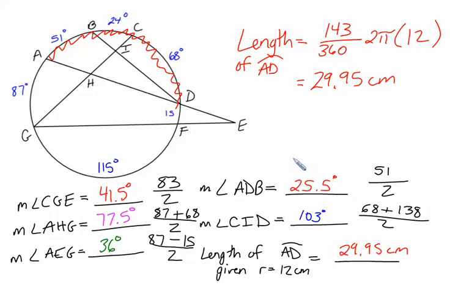Please remember, if the vertex is on the circle, the angle is the arc divided by 2. If the vertex is inside of the circle, the angle is the sum of the two arcs divided by 2. And if the angle has its vertex outside of the circle, the angle is the difference of the two arcs divided by 2.